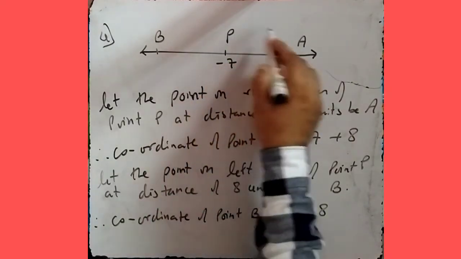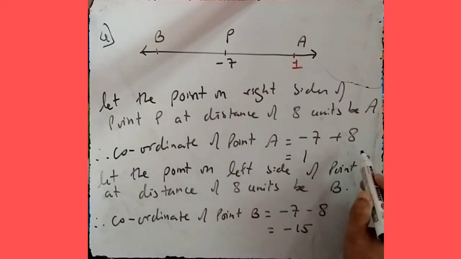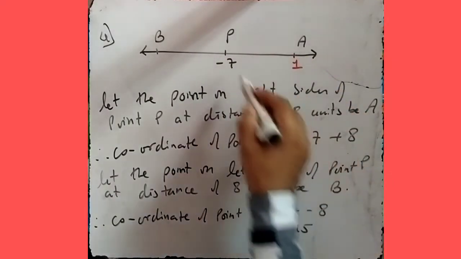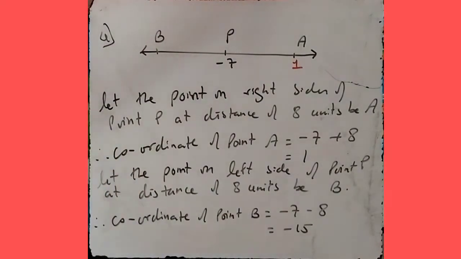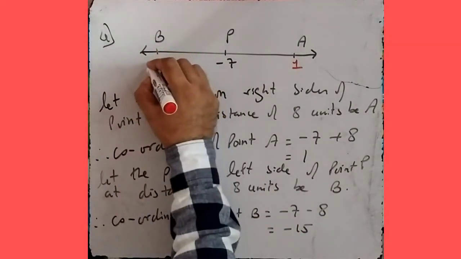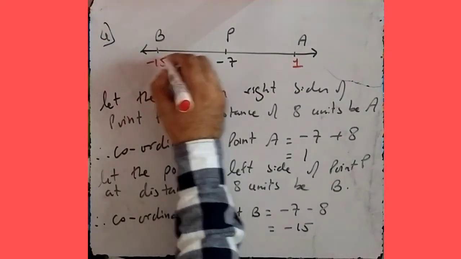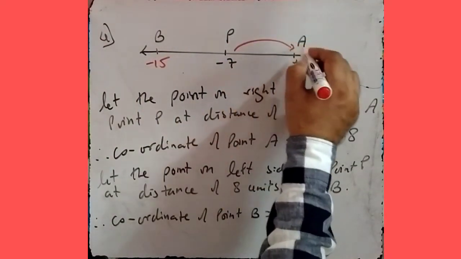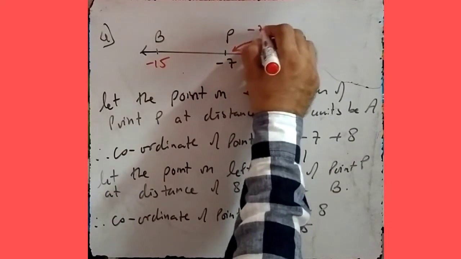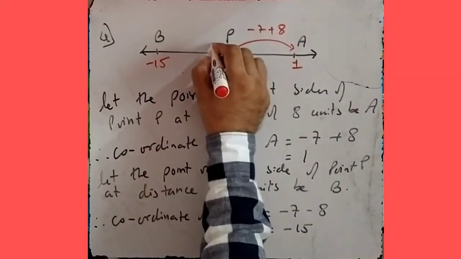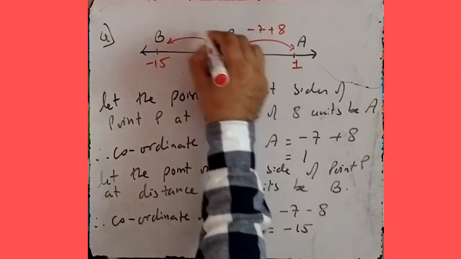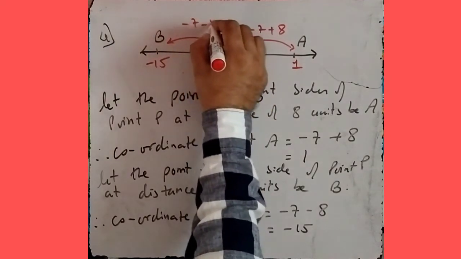For right side point, what did we do? Minus 7 plus 8. So, on the left side, the point B coordinate will be found out by doing minus 7 minus 8. So, coordinate of point B is minus 15. Point A coordinate we found out minus 7 plus 8 karke. Coordinate of point B we found out minus 7 minus 8 karke.